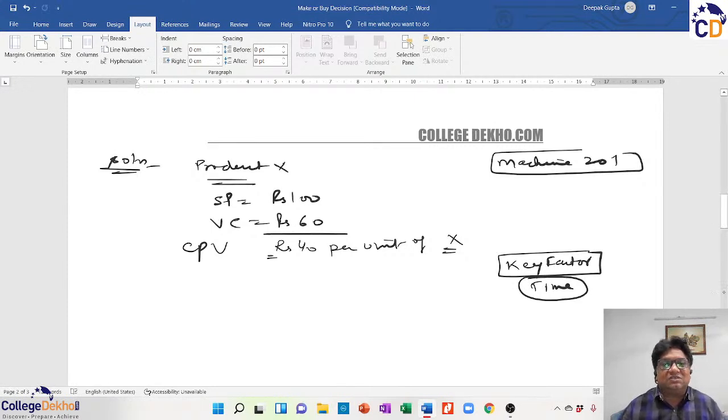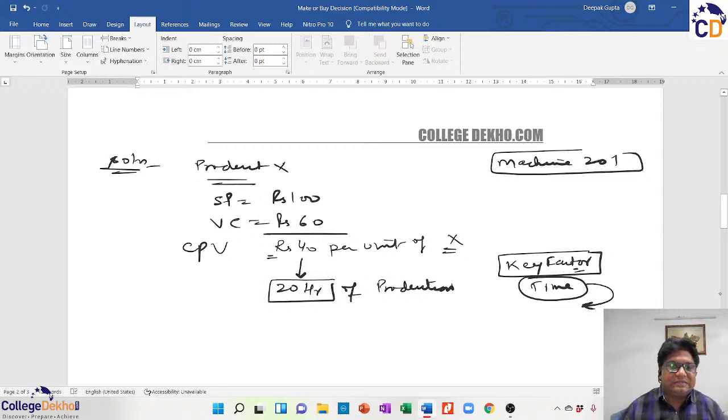But as we have discussed in our earlier session, you have to make a decision based on the key factor, and because here the key factor is time, this 40 rupees contribution is after consuming 20 hours of production. So we divided the contribution per unit by hours, that is 40/20, which comes out to be ₹2 per hour.